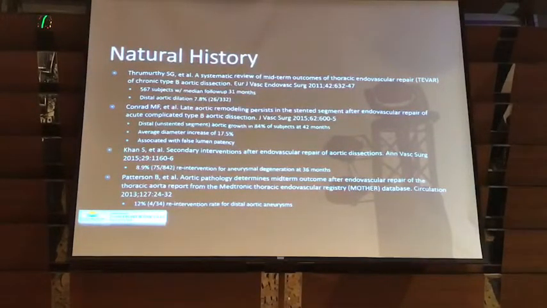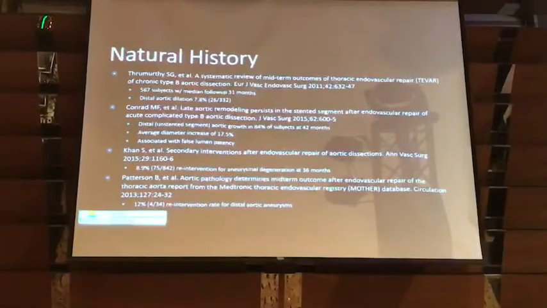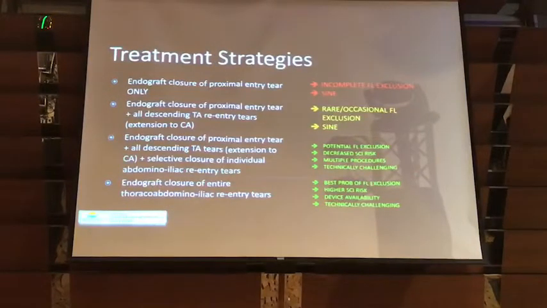Another study of late aortic remodeling looked at the unstented segment after simple thoracic endovascular repair, and found dilation in over 80% of the subjects, with an average diameter increase of 18%, associated once again with false lumen patency. In another paper, there was almost a 9% rate of reintervention for aneurysmal degeneration at 3 years.